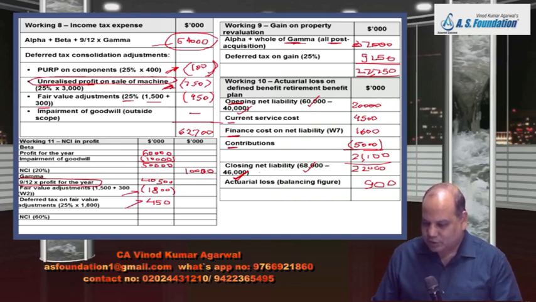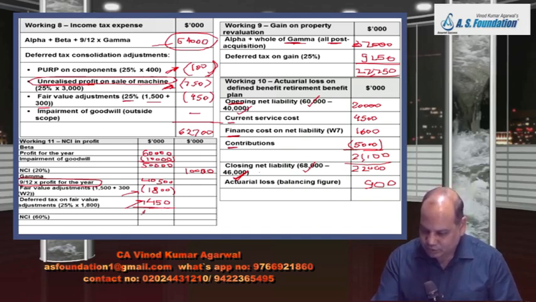Profit will increase because of deferred tax credited to P&L account 450. The same 450. So what is the net amount in the next line? Anybody net amount? 39? Oh, wonderful. 39,150.